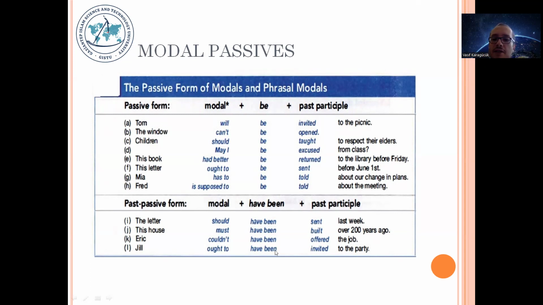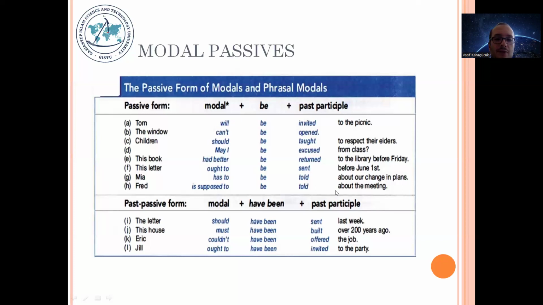But the main difference is we have to use been after have in past passive form of the modals. Like in the example, the letter should have been sent last week, but it wasn't sent.